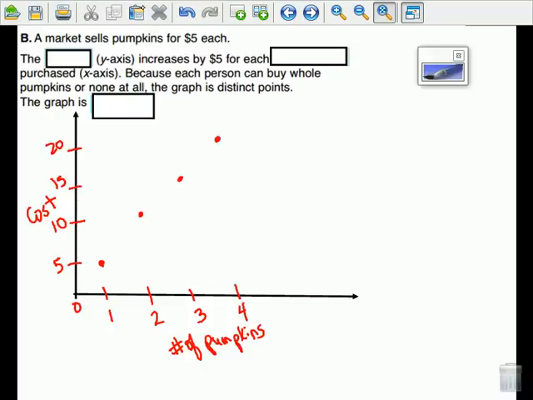So this is actually going to be discrete. So we have the cost, which is the y-axis, increases by $5 for each pumpkin purchased, which is the x-axis. Because each person can buy whole pumpkins or none at all, the graph is distinct points. So the graph is discrete.